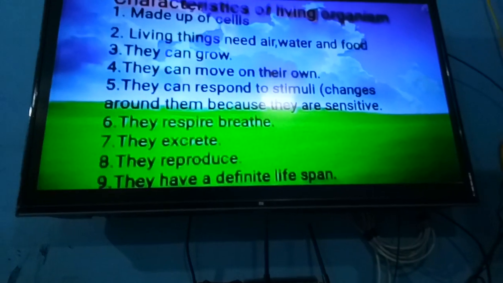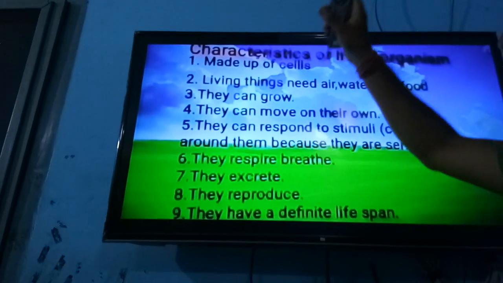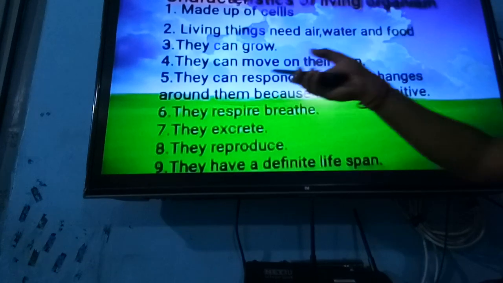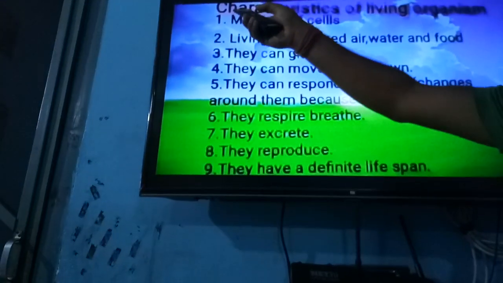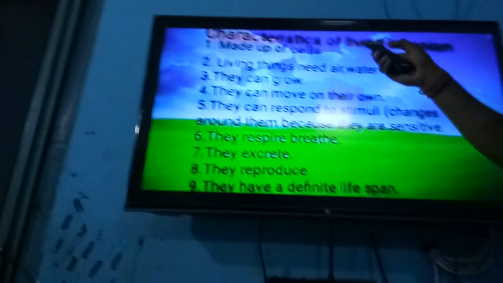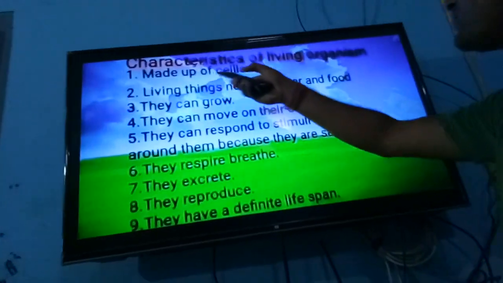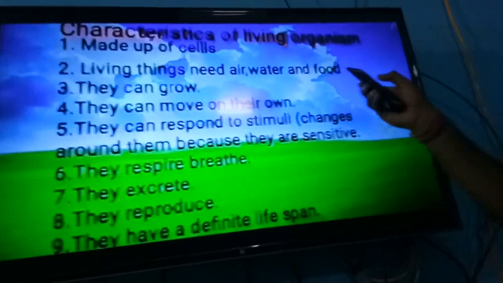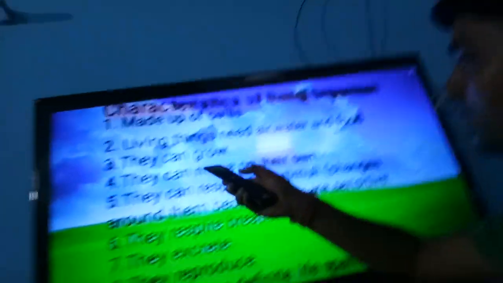Next, we are going to revise what we have read before, one by one in short. Characteristics of living organisms: made of cells. Second, living things need air and water for food. They can grow, they can move on their own.